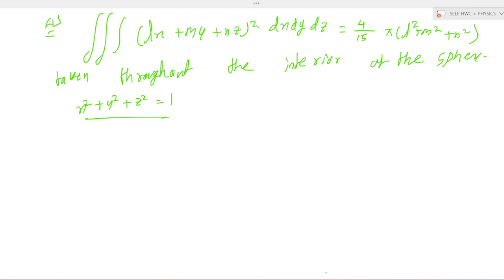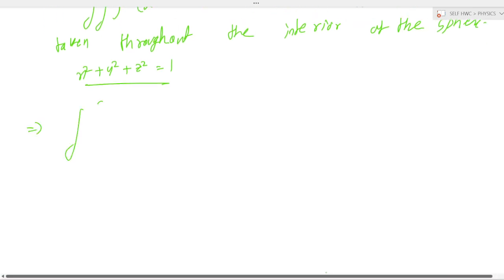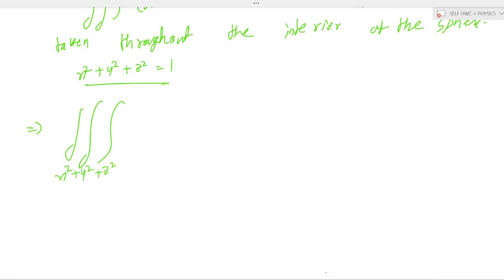How to solve this problem? Okay, so this question is very important. Triple integration, this given question, x square plus y square plus z square less than equals to 1.